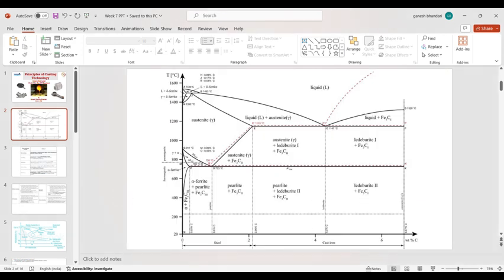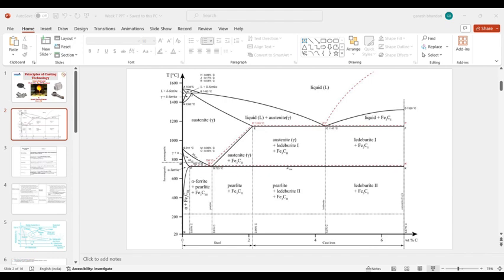Are you able to see the diagram? One second. Now you are able to see it.